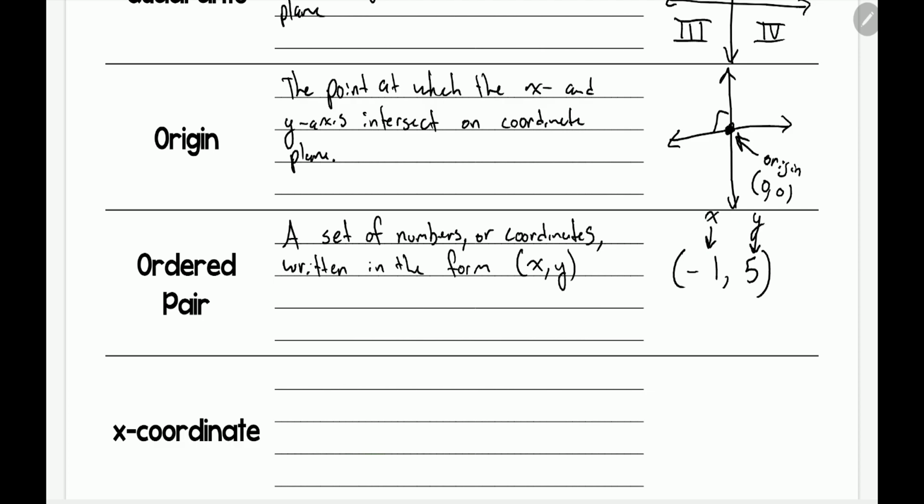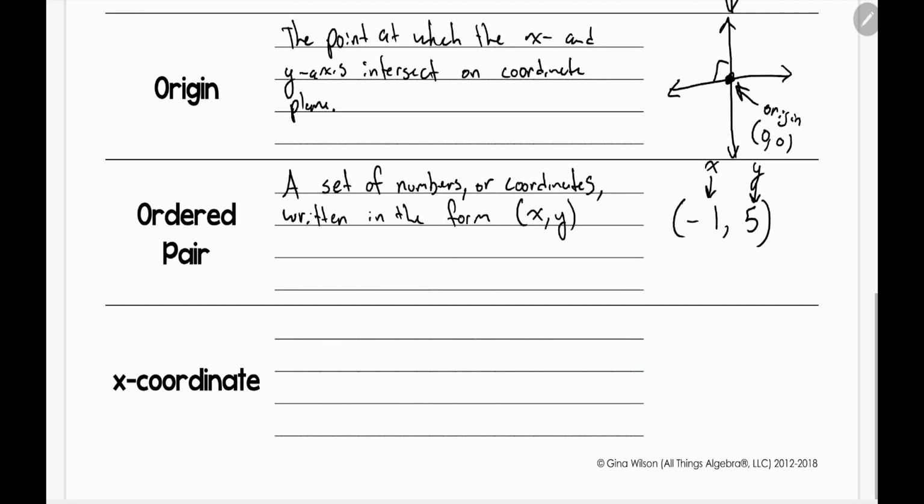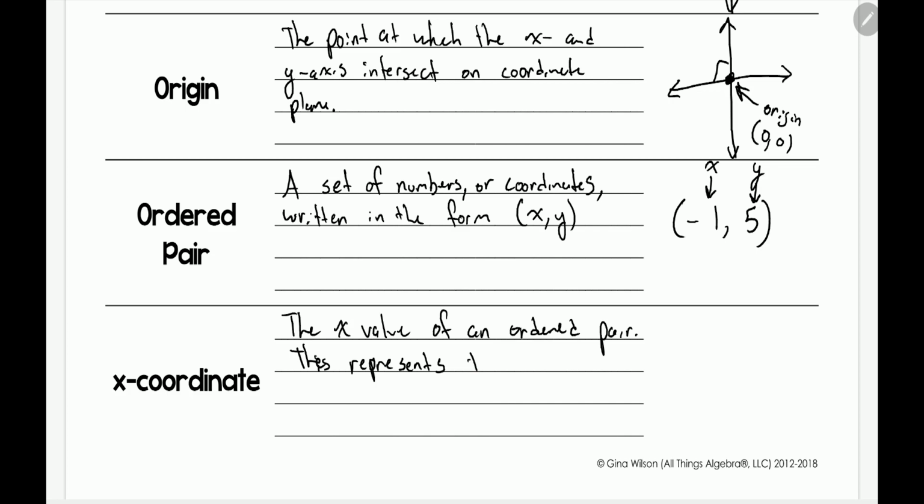This is the y coordinate. Okay? So the x coordinate is the x value of an ordered pair. And this represents the placement on the horizontal axis. So on the x-axis.